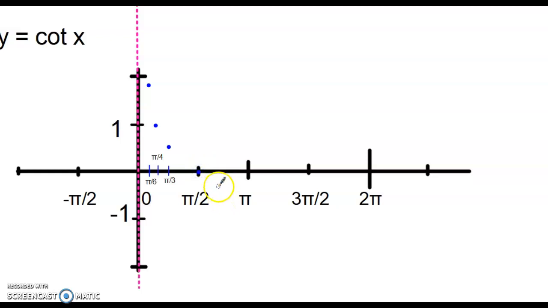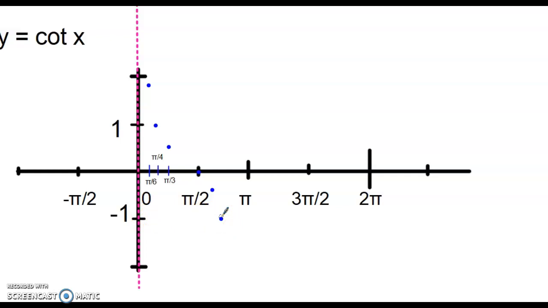And what we get is a graph that's going to be looking like this, where the S goes another way. Now, half of this is 3 pi over 4, and I should be at a negative 1. So that's lined up perfectly.